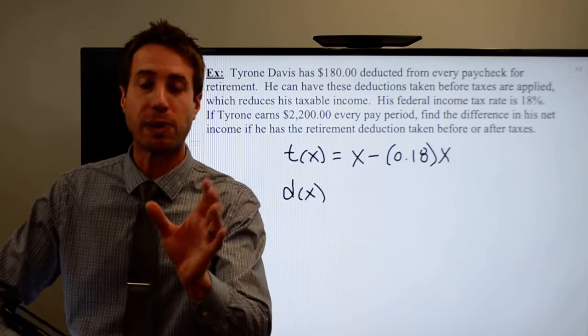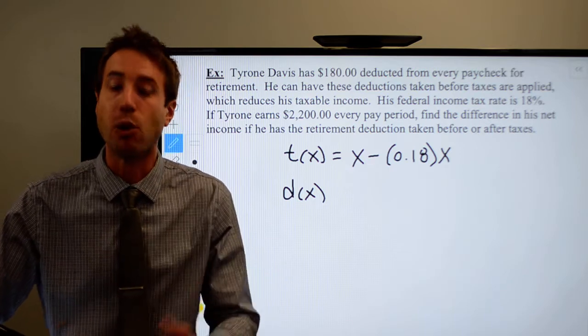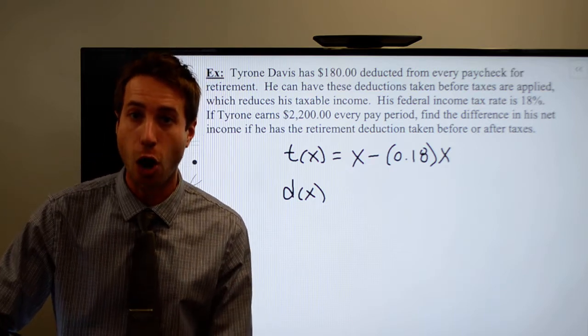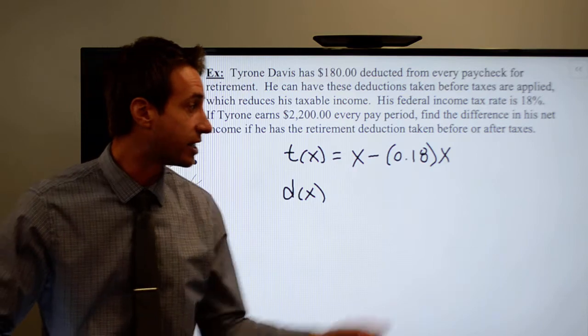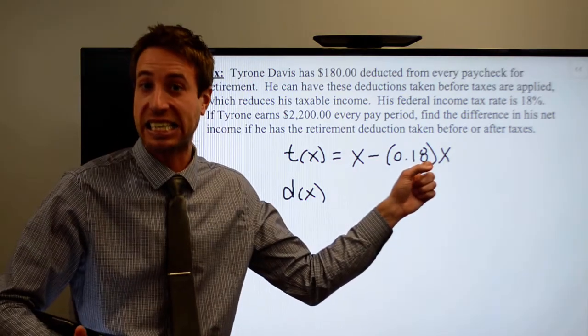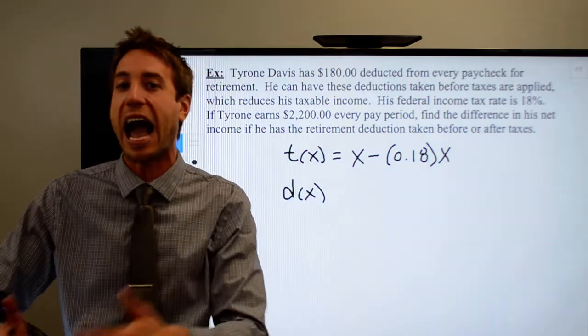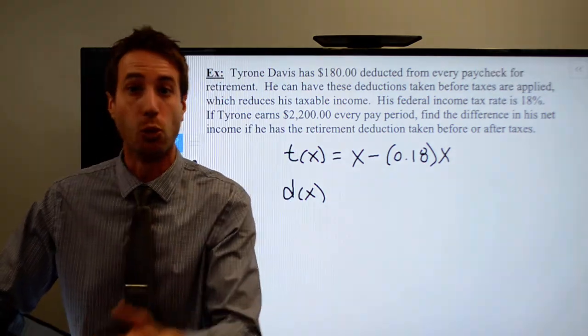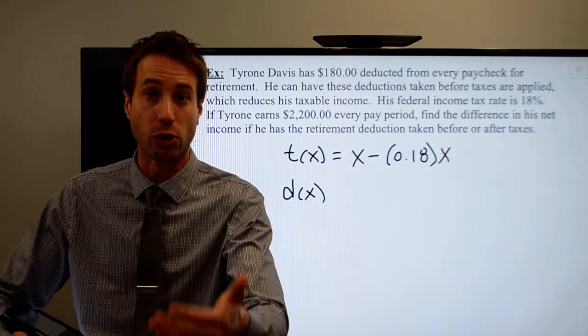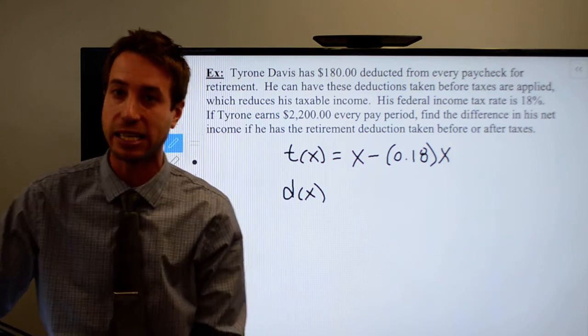So your gross pay is 100. But what do you actually take home? Well, you're going to get taxed $18, right? So the government's going to take $18 and you actually go home with $82. Your net pay is going to be $82.